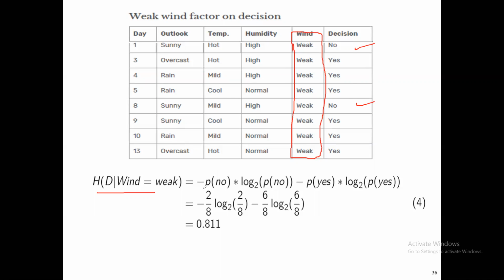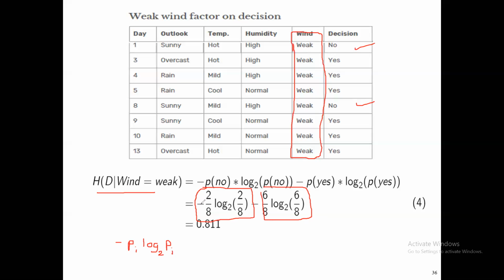This part is for decision equals no, and this part is for decision equals yes, right? If you remember, the entropy formula was minus Pi log Pi.